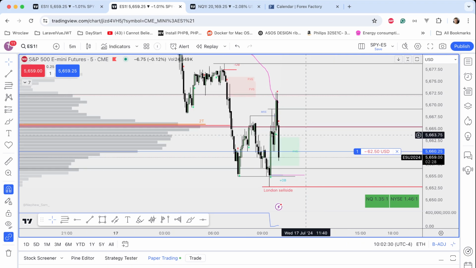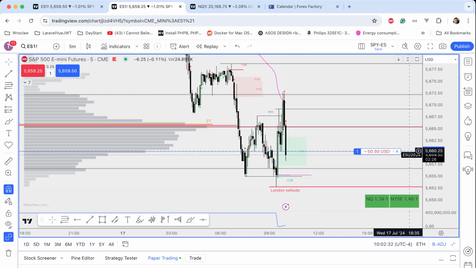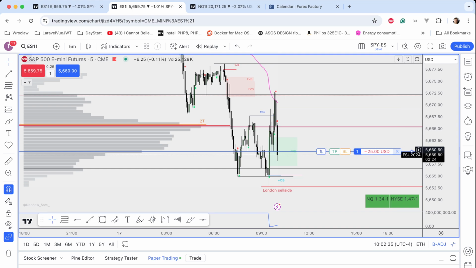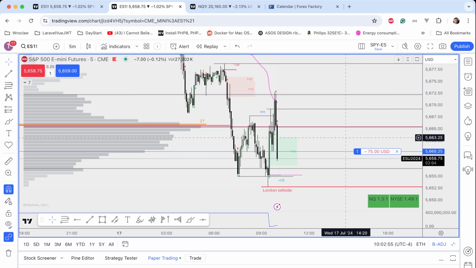Might be a bit too early, but that's okay. If it's not gonna work, we're gonna close that. That's the main chunk of liquidity that they wanted to go after. This whole range here, all these 5-minute candles, that's the main chunk of liquidity.